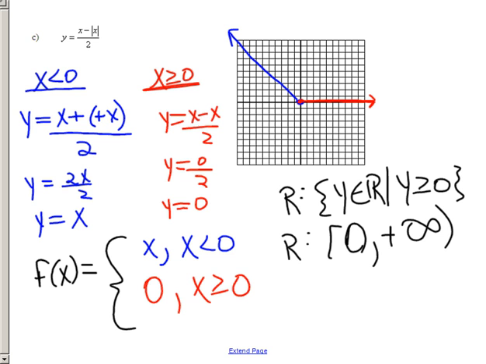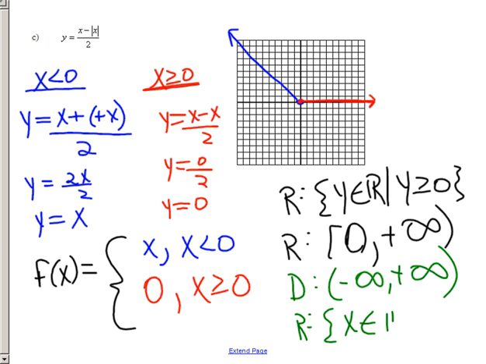The domain, if we did want to write it, is negative infinity to positive infinity, or you could just say x is an element of all real numbers if we use set builder notation. And it's domain, not range.